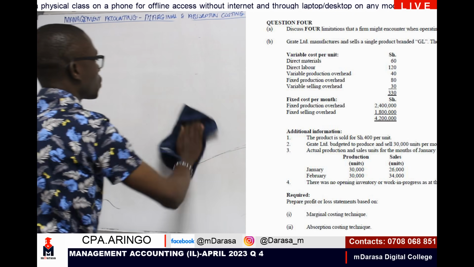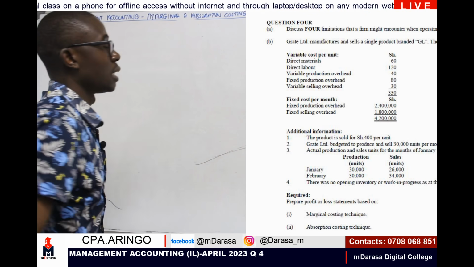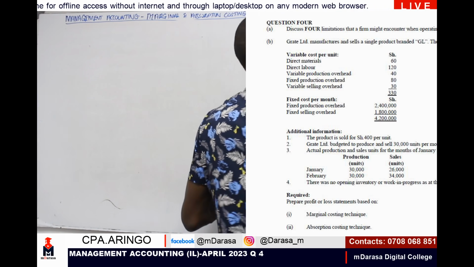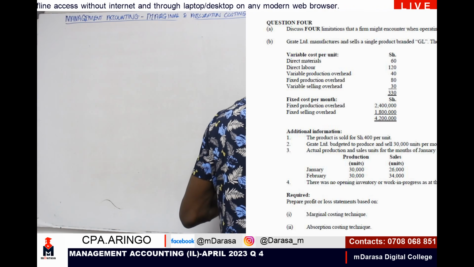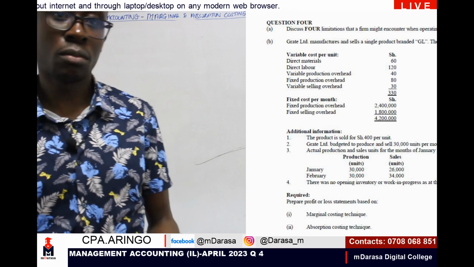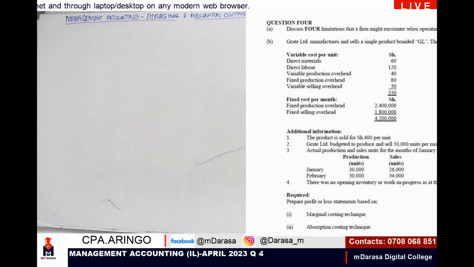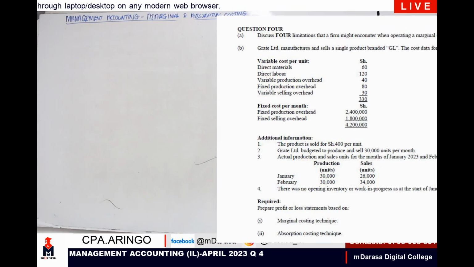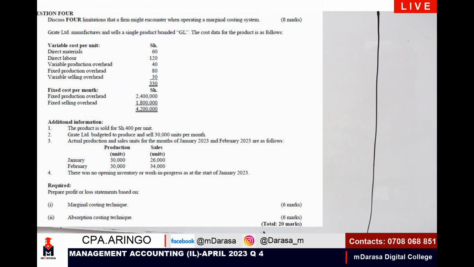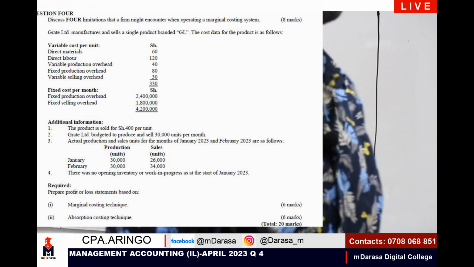Looking at our product cost statement, where should we work it out? I can prepare it somewhere here, just beside, and I hope it will be very visible. Let me squeeze this question of ours on this side so that we can use the other side very well.